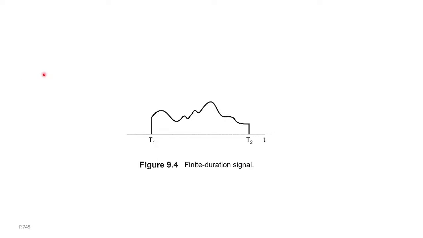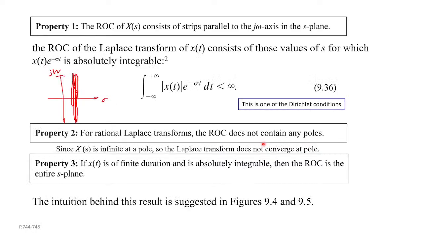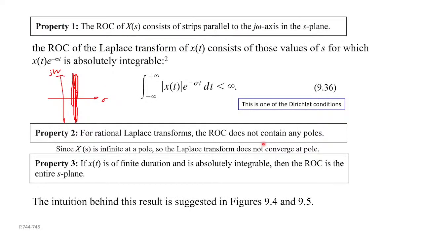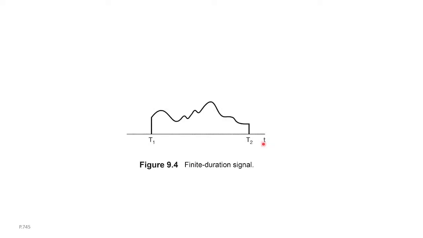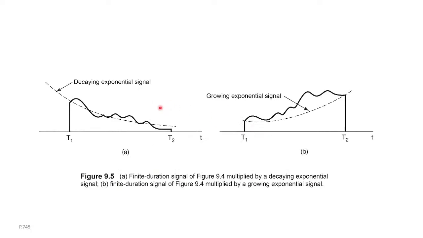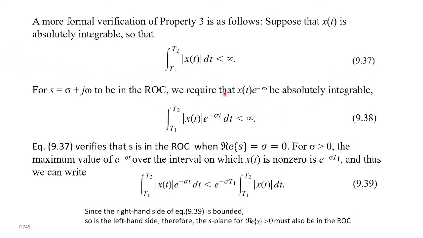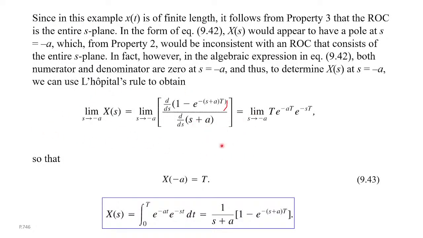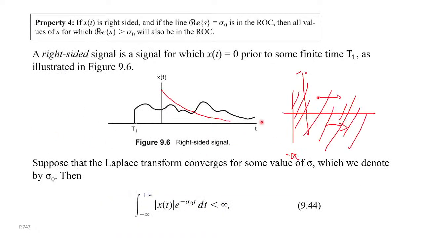Now, if x is bounded at both sides, then when you multiply by the complex exponential, nothing changes too much. You might get a big number, but it's a finite number, so the integral is going to be finite, everything is going to converge, and your ROC is going to be everything. And there is an example that looks like it doesn't converge, but actually converges.